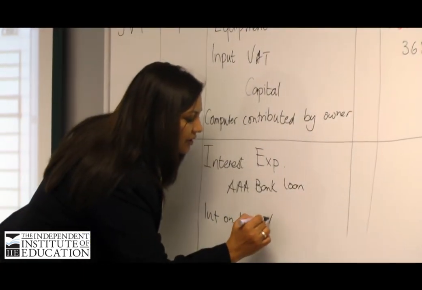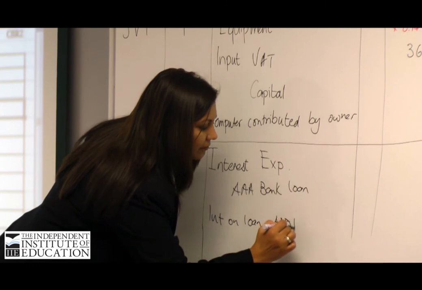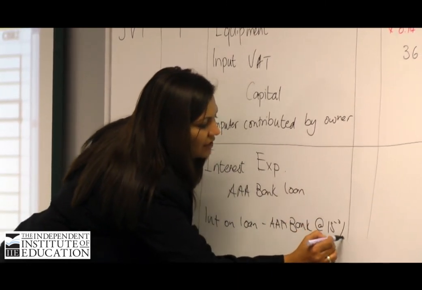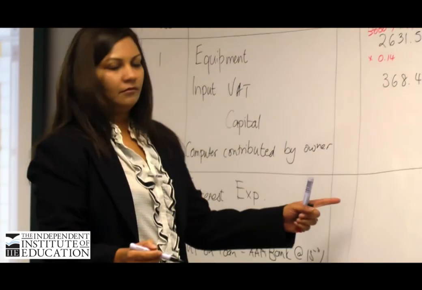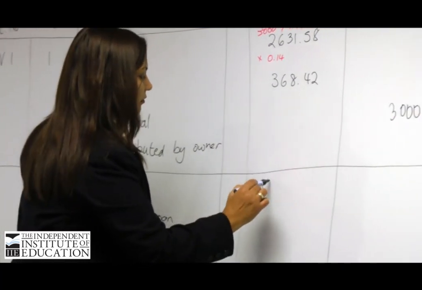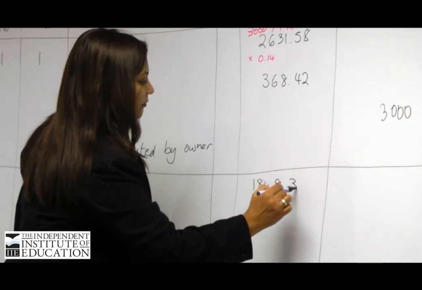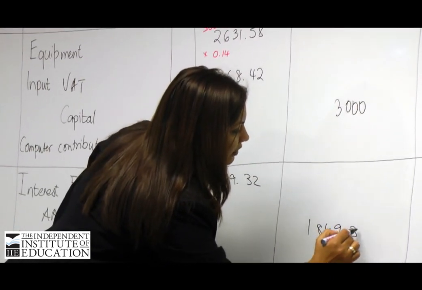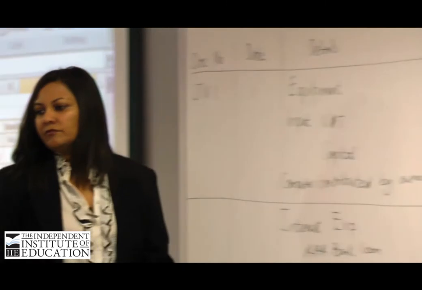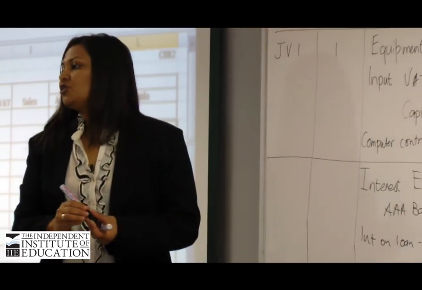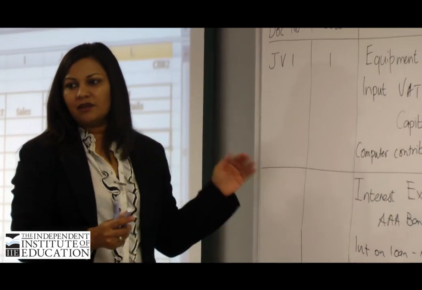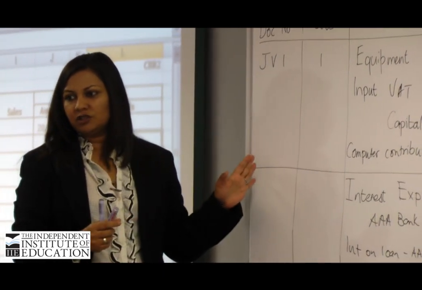What's the amount? 1849.32. And you're going to have 1849.32, debit and credit. Okay? So if you treat your general journal just like your accounting equation, you shouldn't have any issues with the general journal.